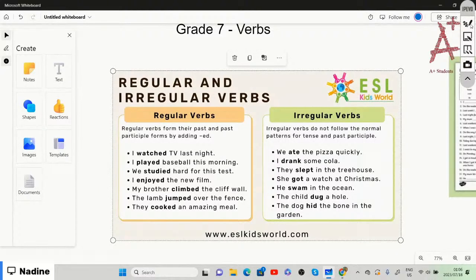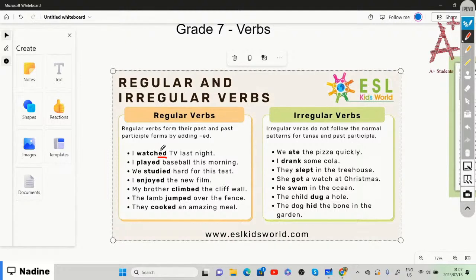A few examples of regular verbs are: I watched TV last night. Watched, we added an ed to form the past of the verb.